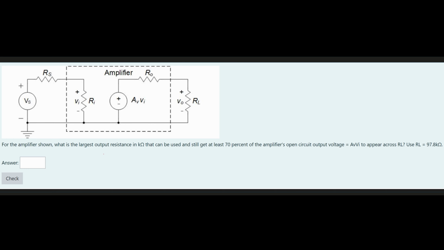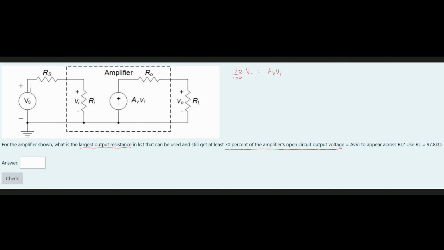So the two important parts of this problem are the following. We have the largest output resistance, that's important, and then we also have the 70% of the amplifier's open circuit output voltage. What this means is that our output voltage, our V naught, has to be 70 over 100 of our AvVi, the open circuit output voltage.